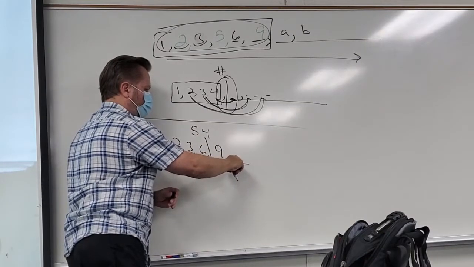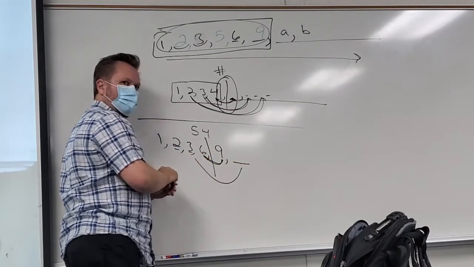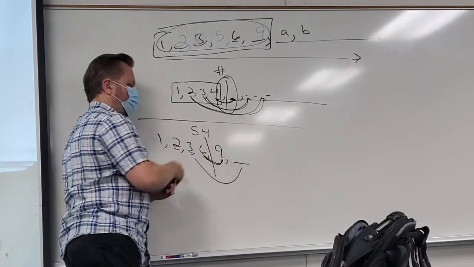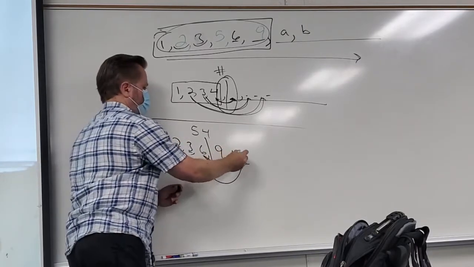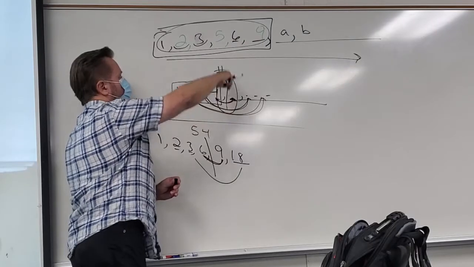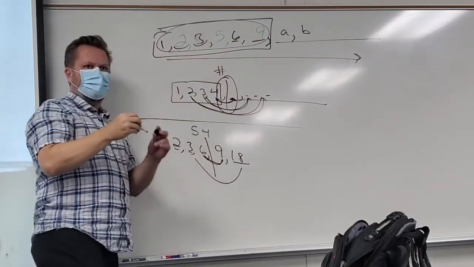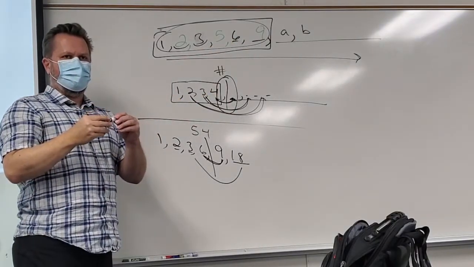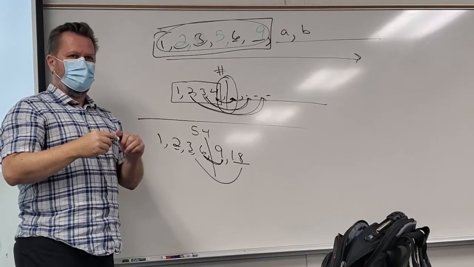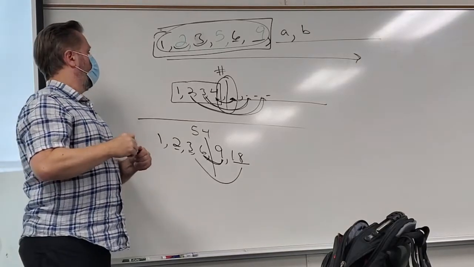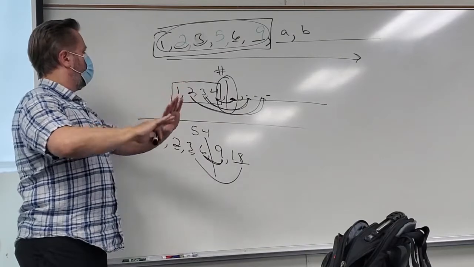How do I figure out what goes here? 3 times what is 54, right? So that's what I'm talking about up there. Basically I'm going to have to look at 9 times what goes into 45, and that's 5. Where'd 45 come from?